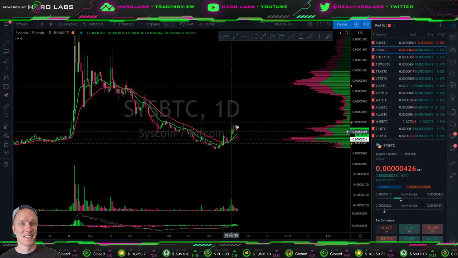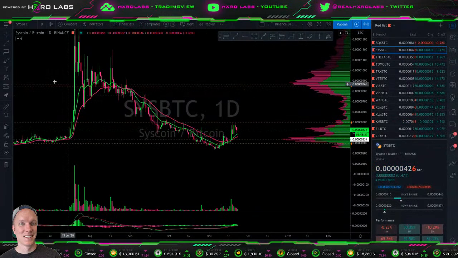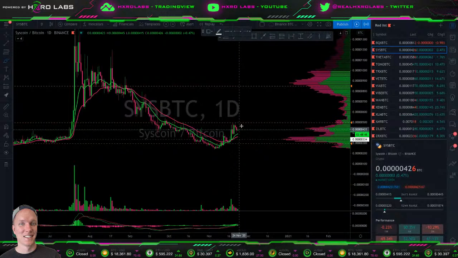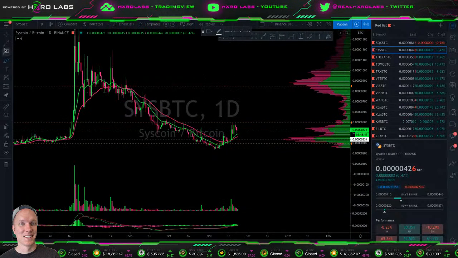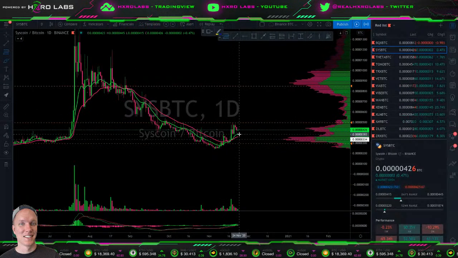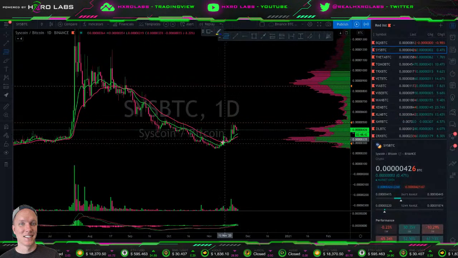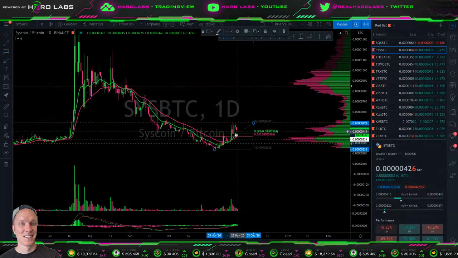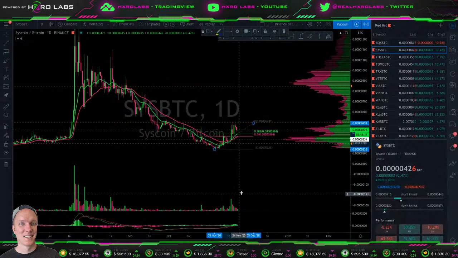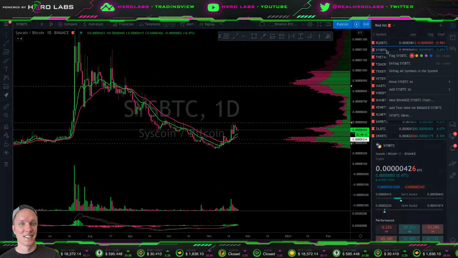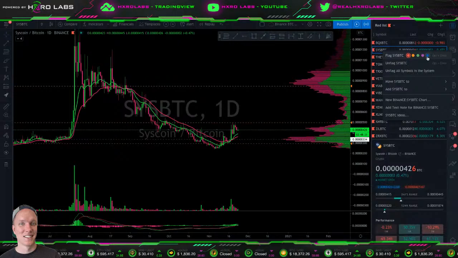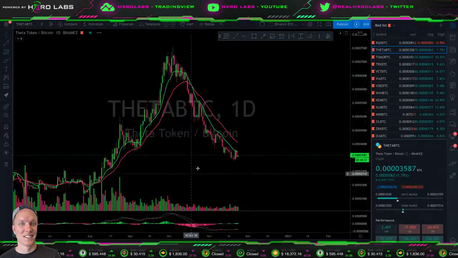I'm long on it because I think there's going to be some news coming in December. And I didn't get the best entry. But you know, pump chase fib, baby. It's pumping. So yeah, I don't know about this scan. I'll put it in purple because I actually have some. I should have it on purple.